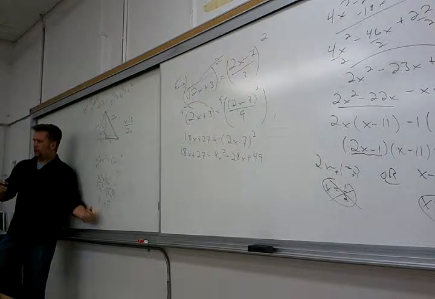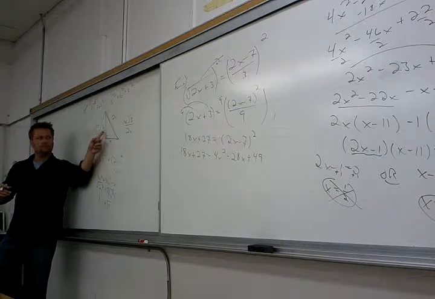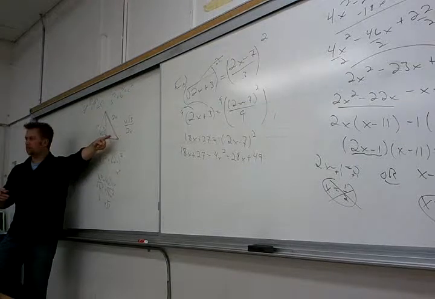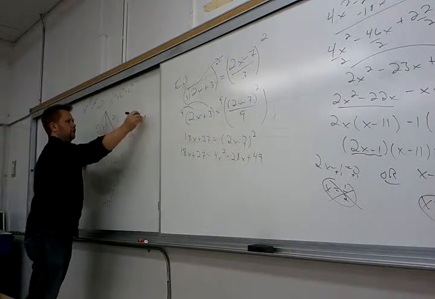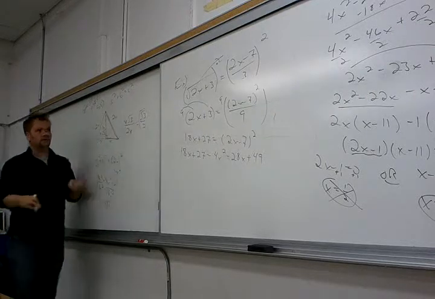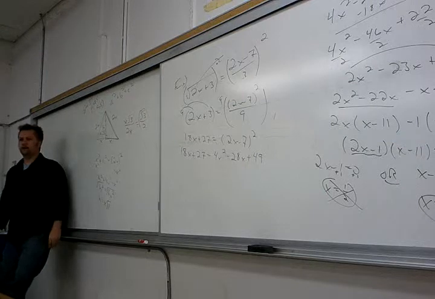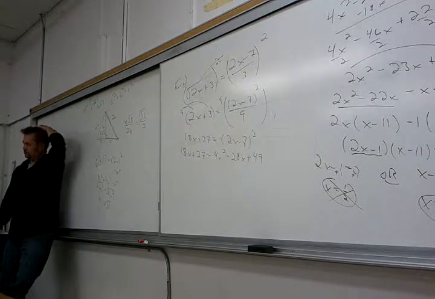So now can you cancel the x? Yes, cool. Now it says take the ratio of the height to a side. So put the height on the top, one of the sides on the bottom, and you get radical 3 over 2. And that's true for any equilateral triangle. The height divided by side will always be radical 3 over 2.